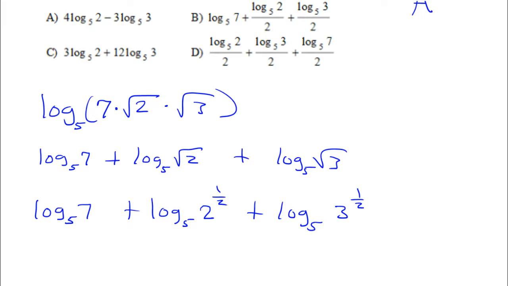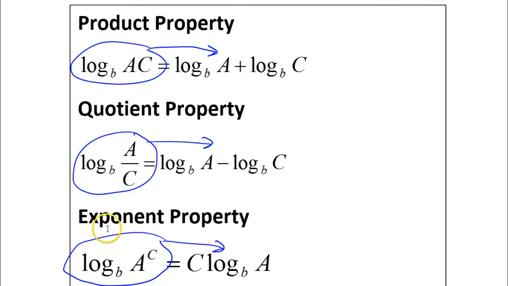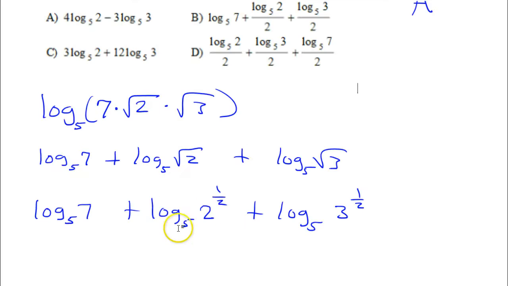Now, the reason why I needed to do that was so I could use the exponent property. If I have an exponent, I can put that in the front, and that's considered expanded form. So now I have these 2 exponents that I just created, so I can take each of them and put them in the front of the term.